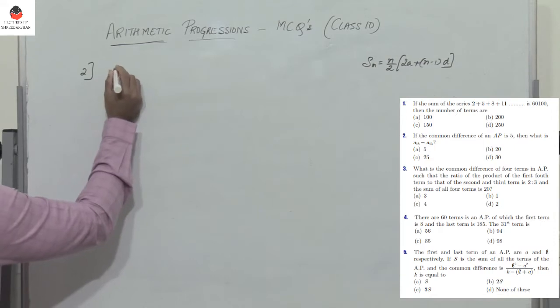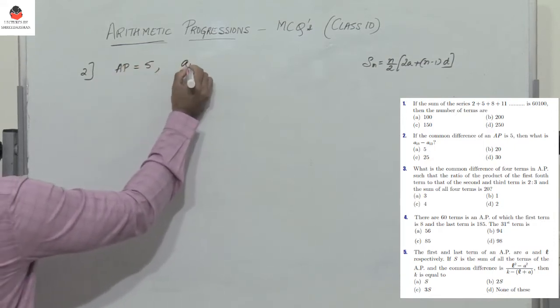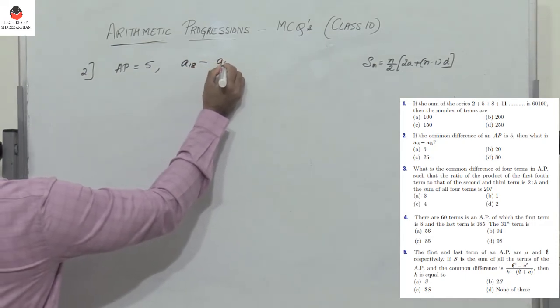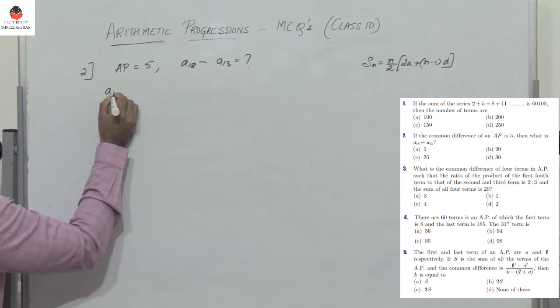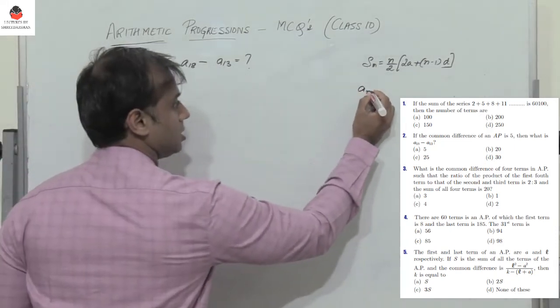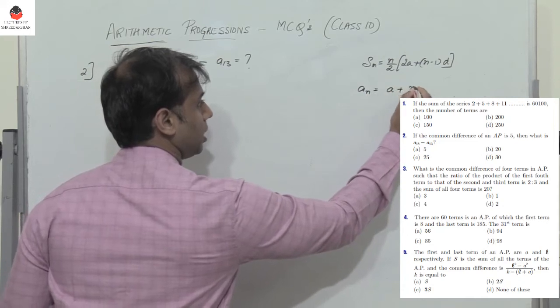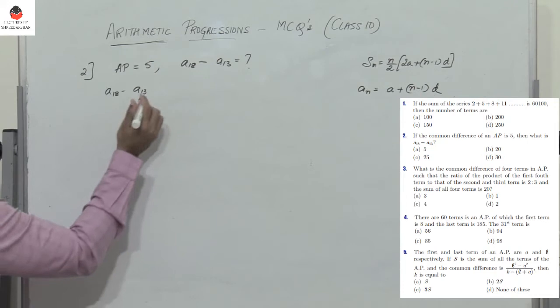The common difference of an arithmetic progression is 5. Then what is A18 minus A13? So let's see, what is A18 minus A13? So we know that An is equal to a plus n minus 1 into d, right? So what is A18?